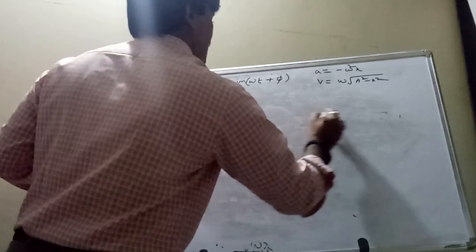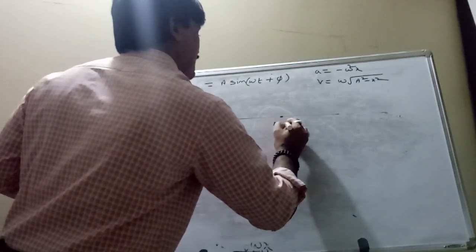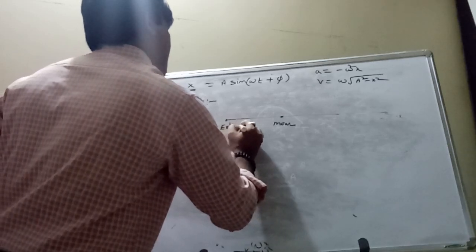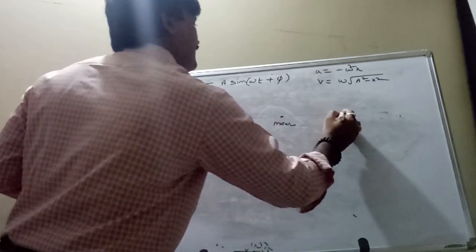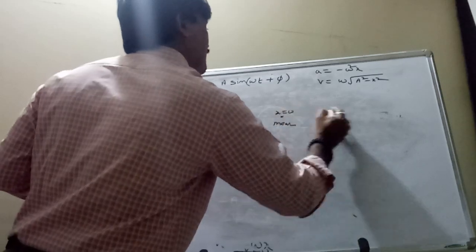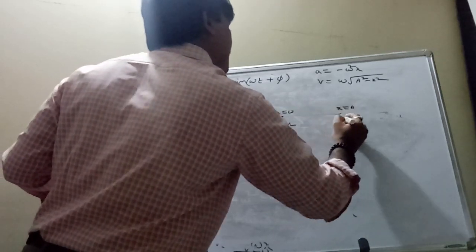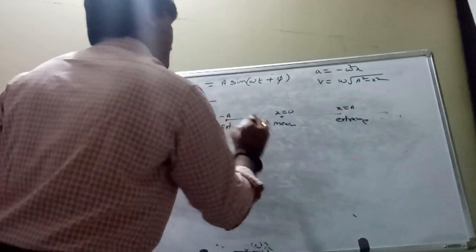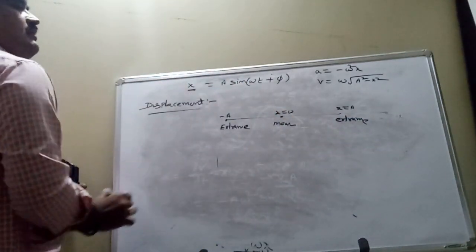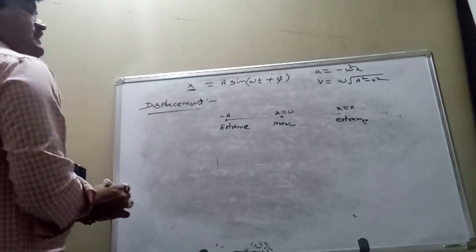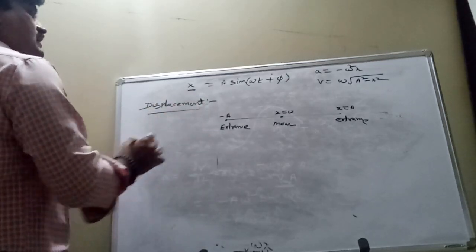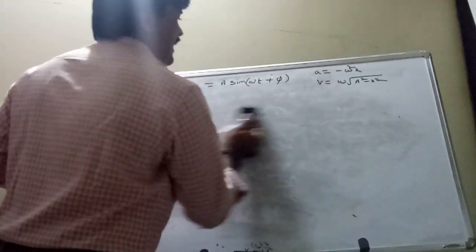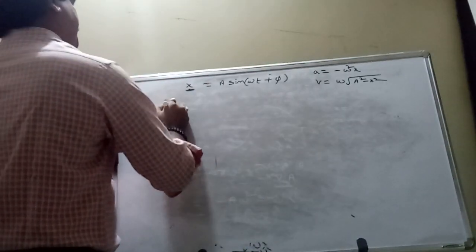The distance between the mean position and the extreme position is called displacement, where x = 0 at the mean and x = a at the extreme. Displacement is indicated by x. Next, amplitude.